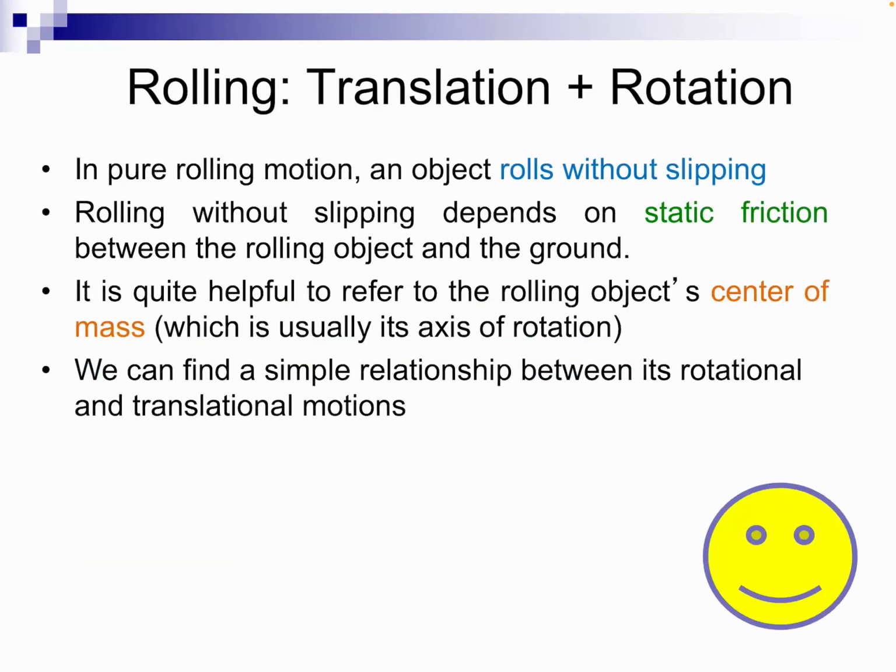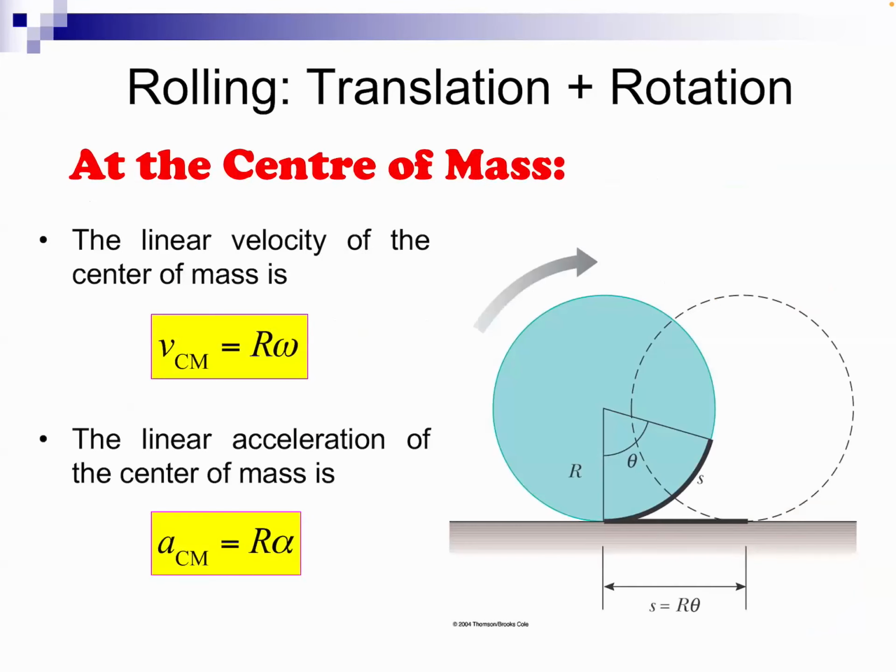Right, so when the object rolls, say for example, from this position to this position, covering this arc length S, subtended by this angle theta, we're just looking at the rolling motion through this arc length S, which covers an angular displacement of theta. The linear or translational displacement of this arc length will be equal to the radius times the angle theta.